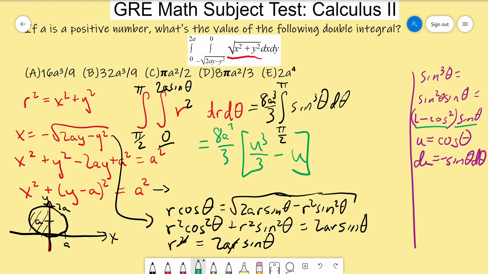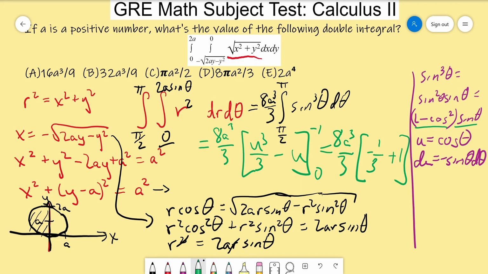If u is cosine theta, then when theta is pi over 2, u is going to be cosine of pi over 2, which is 0. And when theta is pi, cosine of pi is going to be negative 1. So what does this get us? 8a cubed over 3 times negative 1 cubed over 3, which is negative 1/3, minus a negative 1, so that's like plus 1.